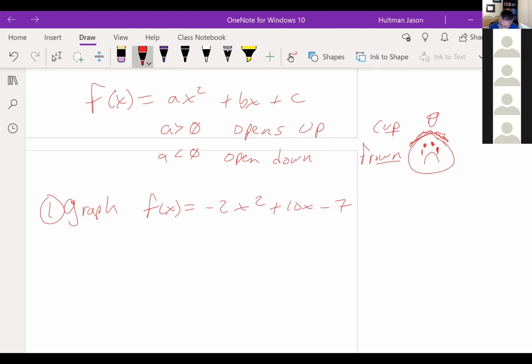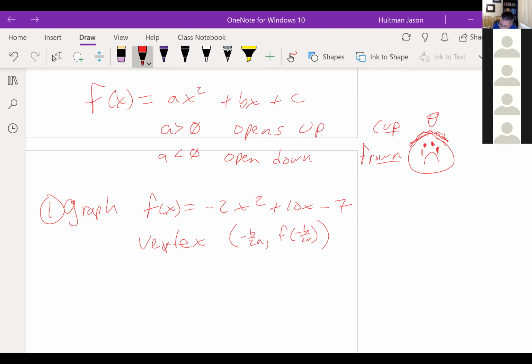Okay, so what are we doing here? We're graphing this guy, right? Negative 2x squared plus 10x minus 7. Well, we can find the vertex here. The vertex of a parabola is at negative b over 2a, and then f of negative b over 2a.